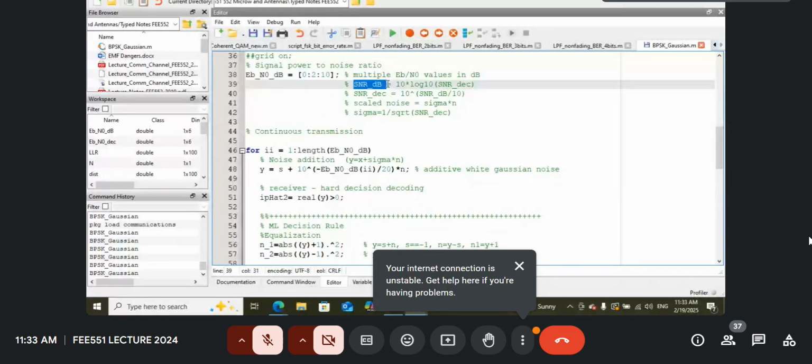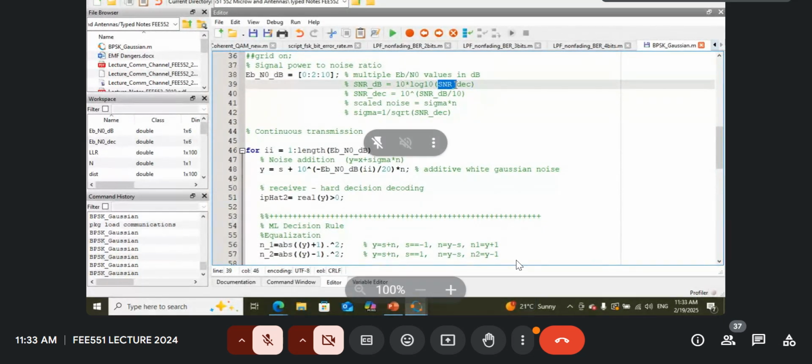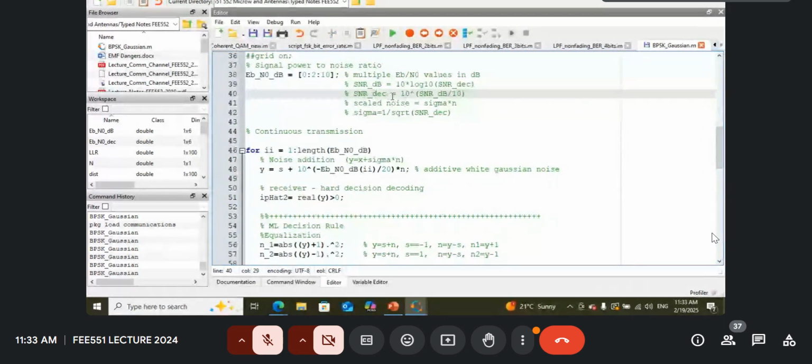If you have SNR in dB, we know that it is equal to 10 log to base 10 of SNR in decimal. So what is SNR in decimal? SNR in decimal is 10 raised to SNR dB over 10. So that's what we have here. You have to change it to decimal because we're working in decimal values. We want to see how that affects the noise. The more you increase the signal power, the noise power goes down.